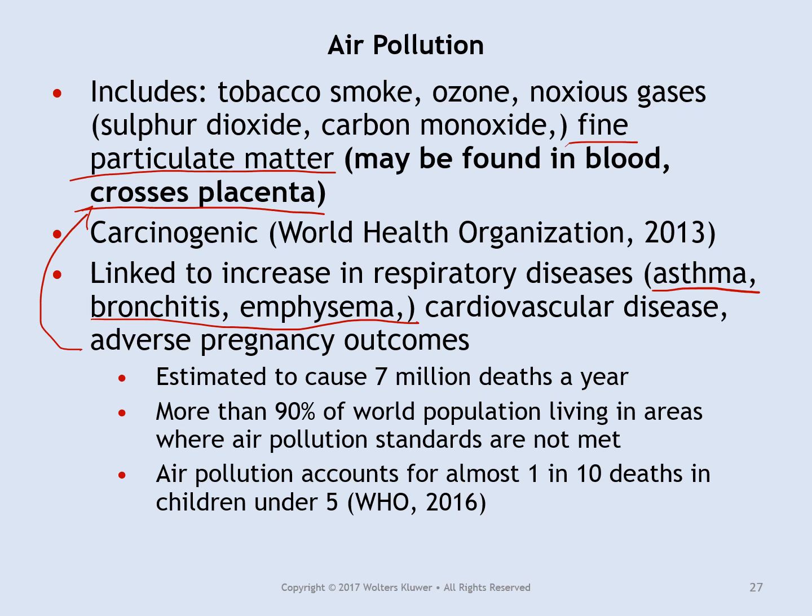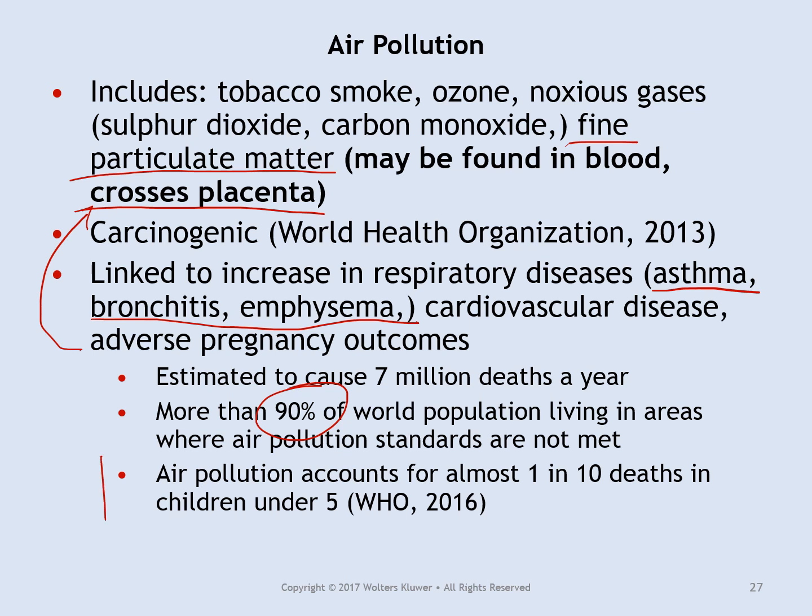We also know that babies who are born to mothers who were exposed to a lot of air pollution are much more likely to develop asthma as they grow, much more likely to have asthma during childhood. Estimated that air pollution causes excess of 7 million unnecessary deaths per year, and also that most of the world's population is living somewhere where the air pollution standards are not met, where the air is not good.